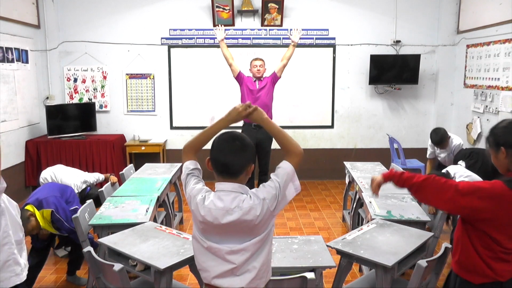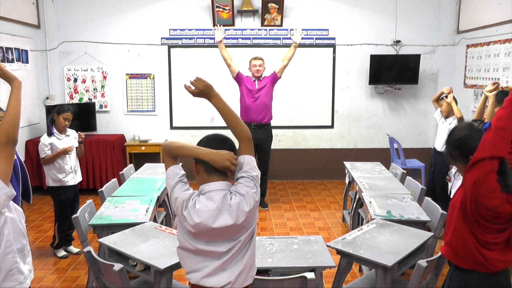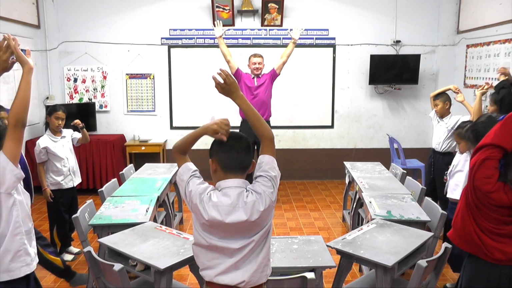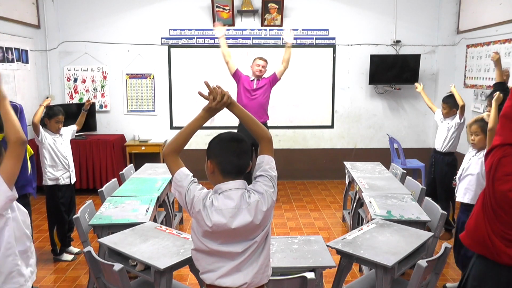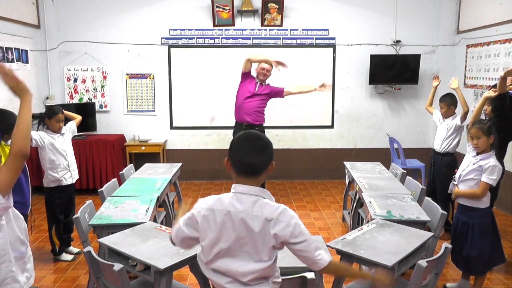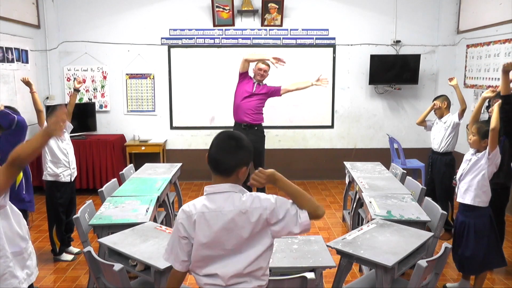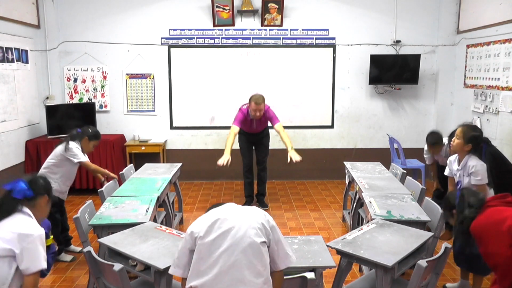Back up high one more time, and this time, can we go tippy toe high? While we're there, let's have a wave side to side, and then back down to touch your toes again.